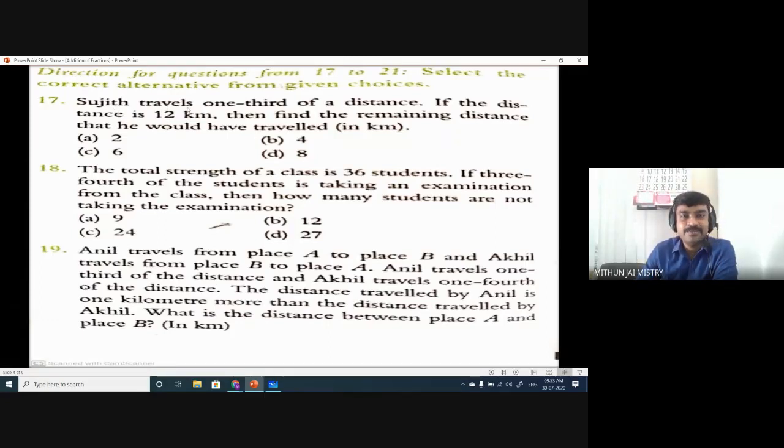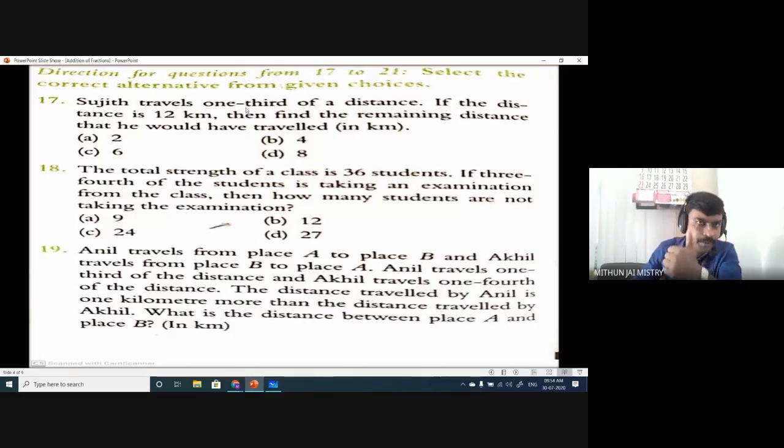Sujit travels 1/3 of a distance. He has traveled already 1/3 of a distance. If the total distance is 12 kilometers, then find the remaining distance that he would have traveled. See, try to understand. Total distance is divided into 3 parts. That's why we are saying here 1/3. So 1/3 distance is traveled. Now, what is the remaining distance? Remaining distance is 2/3.